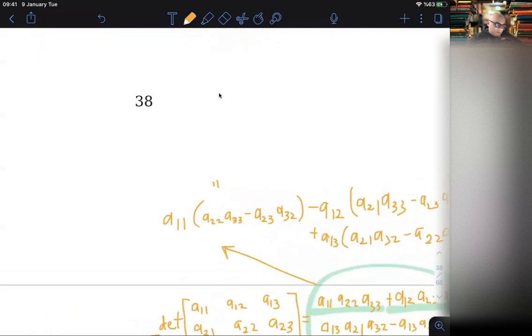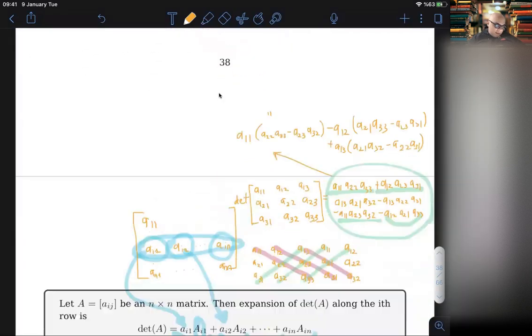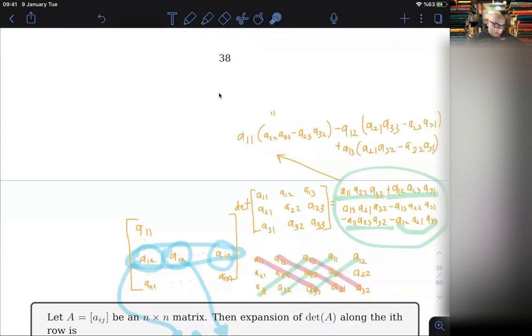So let's look. What is this thing? A22, A33 minus A23, A32. Well, let me just for the moment erase these things.